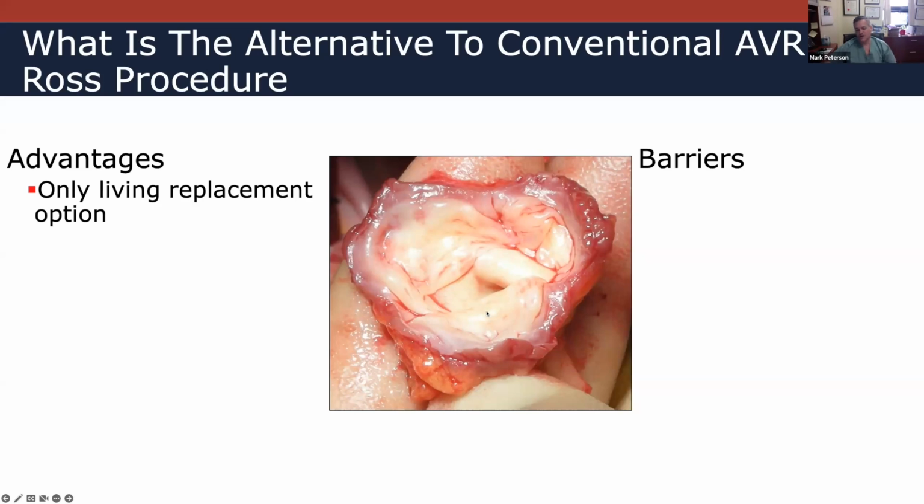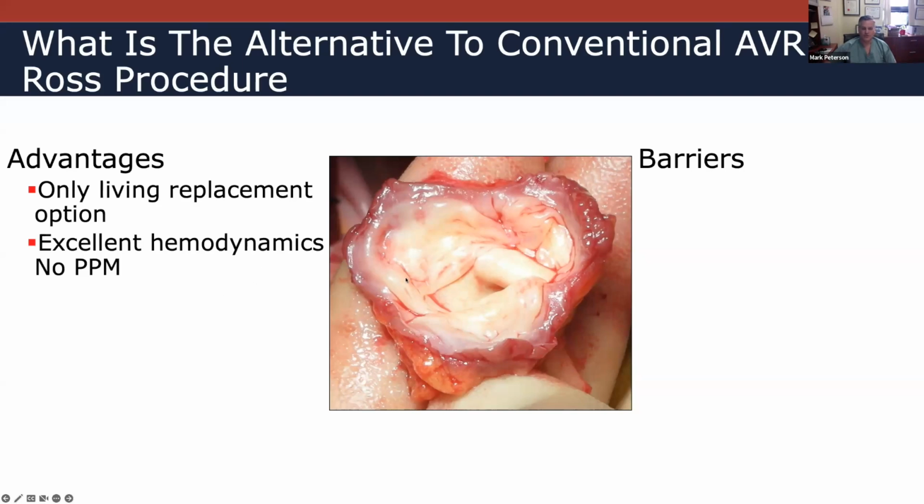If you do autopsy studies of Ross patients that have died for other reasons, this has been done at various time points, 5, 6, 10 years out from surgery, this valve becomes indistinguishable from a normal aortic valve. It still has normal characteristics of an aortic valve. It is living tissue with healthy collagen, smooth muscle, fibroblasts, etc.